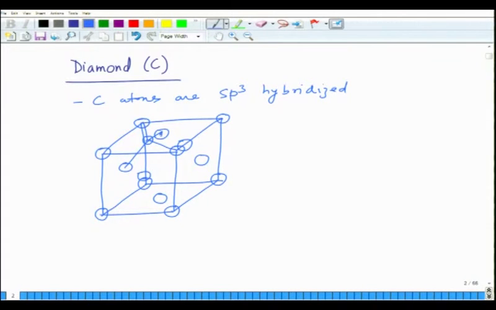So this is first neighbor, this is second neighbor, this is third neighbor, and this is fourth neighbor. Similarly, you will have one atom here just across the face diagonal. The other 2 carbon atoms do not go in the bottom side, they go here. So one carbon atom goes here and one carbon atom goes here.